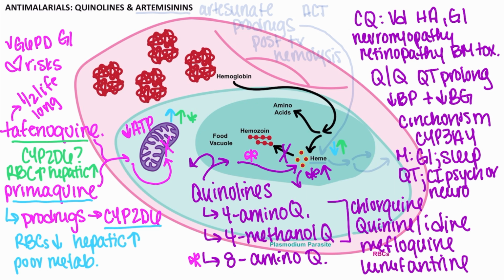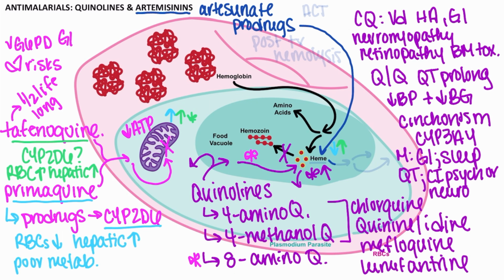Now we're going to move away from the quinoline derivatives and onto the artemisinins. An example of this would be artesunate. These drugs are going to work as prodrugs. What's going to happen is they are going to come into the food vacuole and interact with the heme within the parasite that has accumulated.